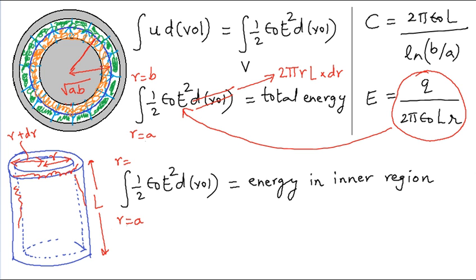In other words, we want to put this radius as the upper limit, which we know to be root of ab. So we write here root ab as the upper limit. We evaluate this integral, and after evaluating it, we are able to prove that it is half of this integral.